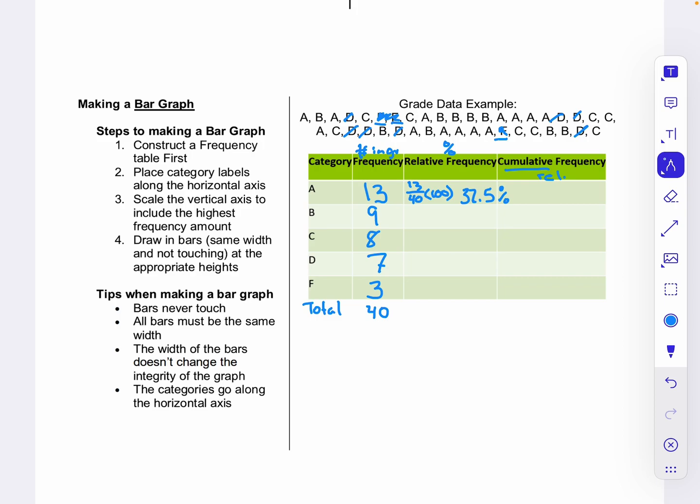And then I would keep going and do the same thing, 9 out of 40 times 100, and I would get 22.5%. And then 20% for the next row, 17.5%, and 7.5%.